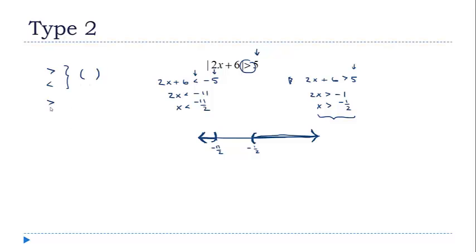And if we have greater than or equal or less than or equal, then you use square brackets at the endpoints. One important point I want you to keep in mind is for the solution, we're talking about the numbers that are less than negative 11 halves or greater than negative 1 half. The numbers that fit into either of those ranges are going to be our solutions.